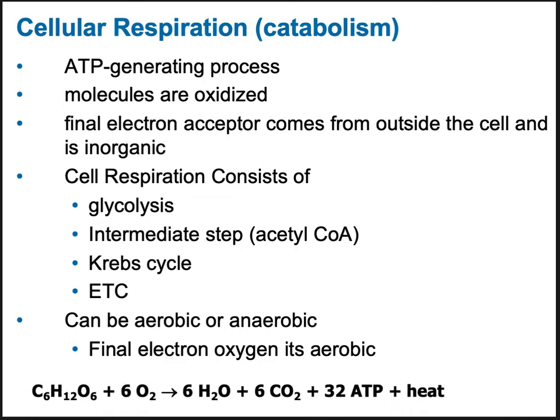Okay, so the equation for aerobic cellular respiration is C6H12O6, which you recognize as glucose, plus oxygen, okay? And then you get out of this some waste products of water and carbon dioxide and heat, right? And then the goal product is the 32 ATP. This number is taking into account the loss in a person.